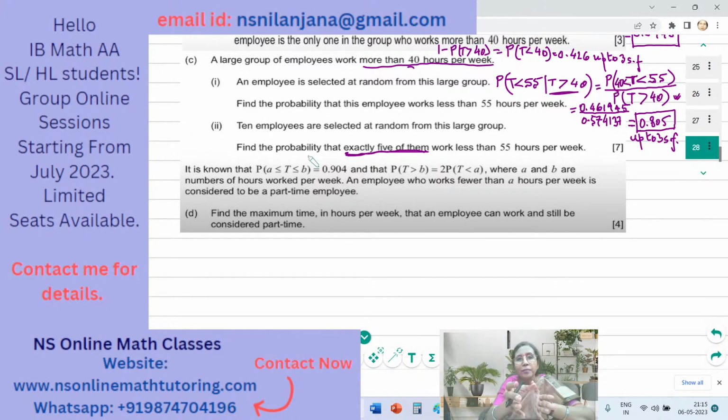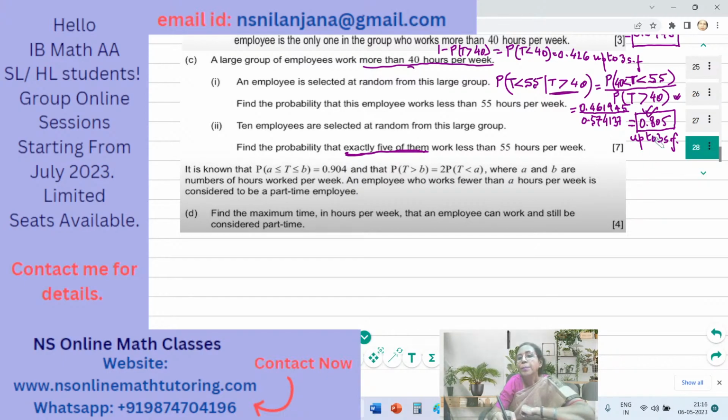It is fixed. It is independent of the employee number. Whoever we are selecting, the probability stays the same. That is why we can think of the binomial distribution, where the probability of success is this one.